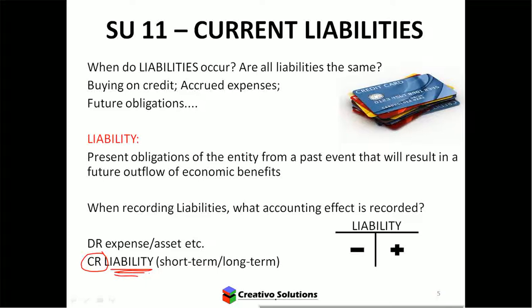That's important. Short-term meaning less than 12 months. Long-term meaning greater than 12 months. The rule will always apply. You can't change that. It doesn't matter what account you've been given. You need to know what you're dealing with. So when you see an account called creditors, what comes to mind?